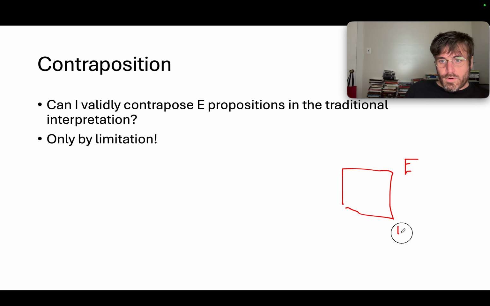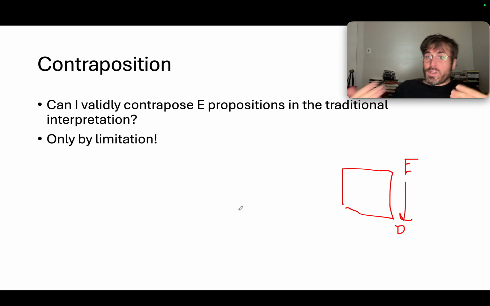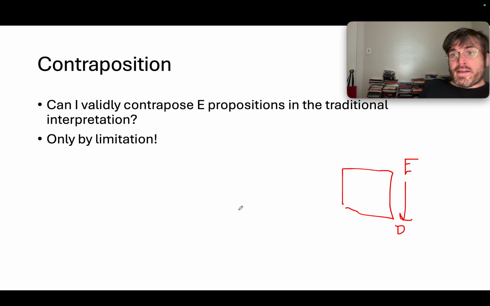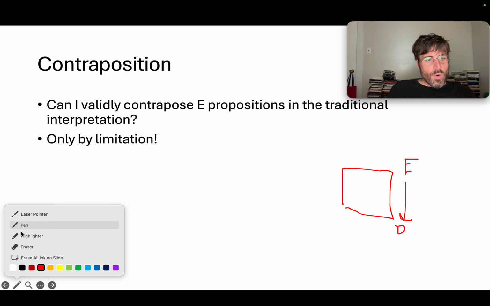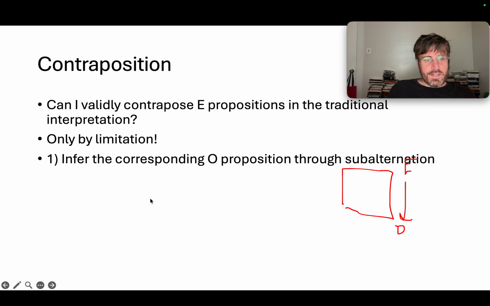So if we start over here with any E proposition, the corresponding category is our O. Through subalternation, we can transform E to O, a particular negative. Then once we've made that move, we can apply the moves for contraposition. We switch subject and predicate of the O proposition and add the complements to the O proposition as well. So it requires that extra intermediary step.